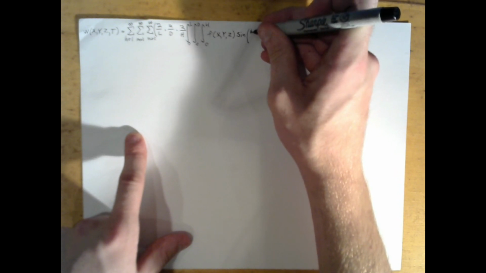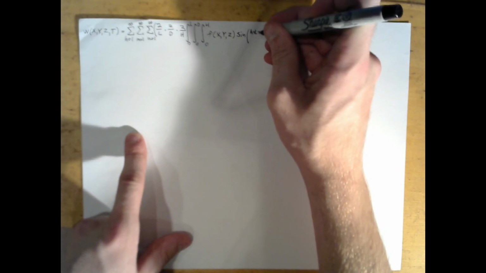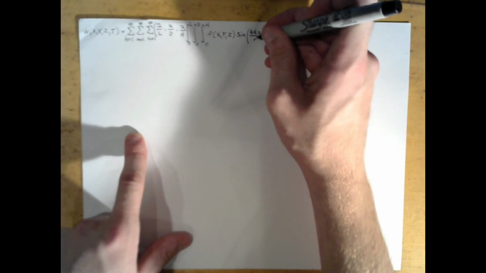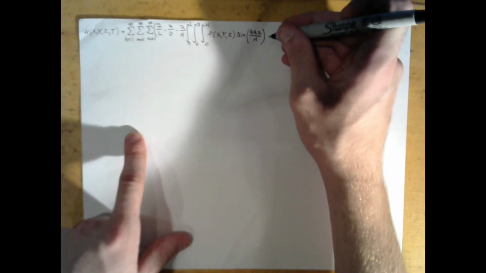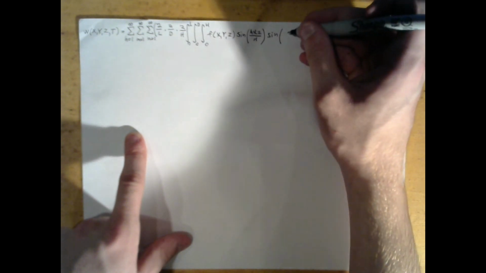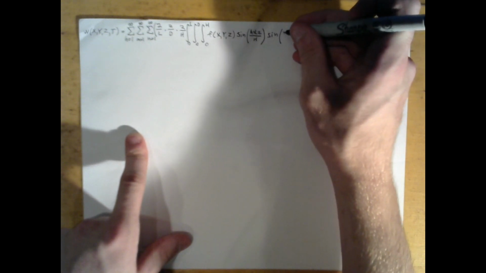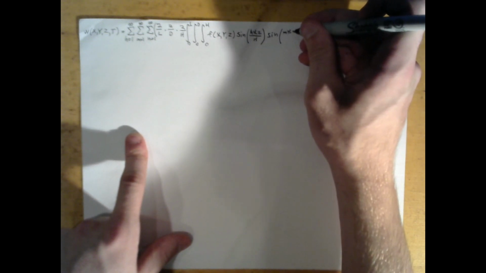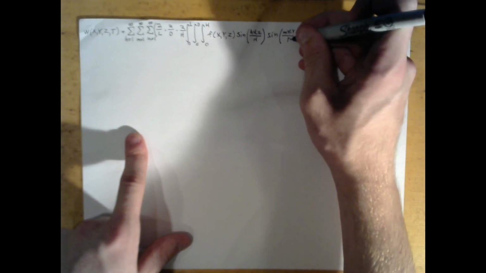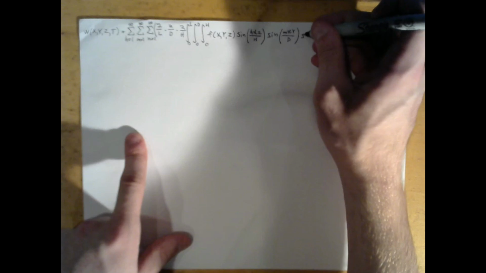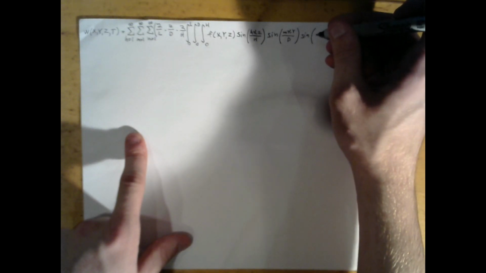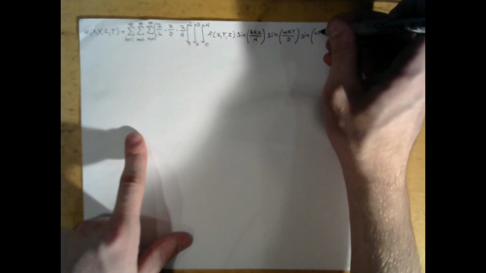So we're going to have sine of h pi z over height here. Then we're going to have sine of m pi y over d, and then we're going to have sine of n pi x over L.